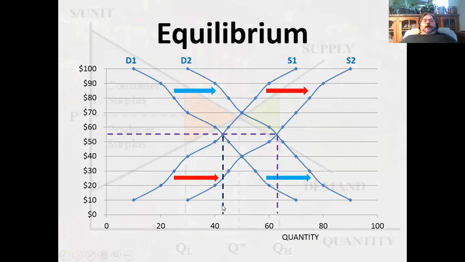Now, rumors of a pandemic and a pending quarantine come out, and they cause a panic in the population. So the demand, here's demand 2, the demand curve shifts right, meaning consumers are willing to buy more at every price.